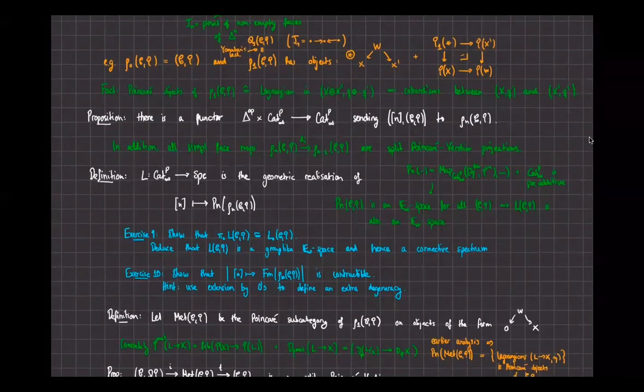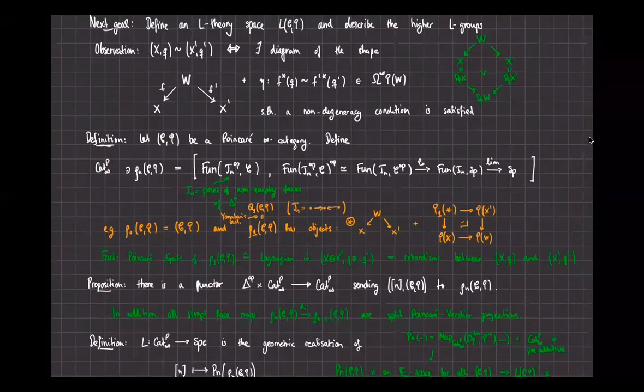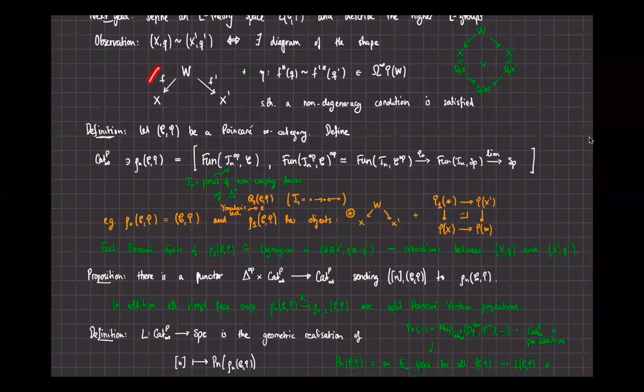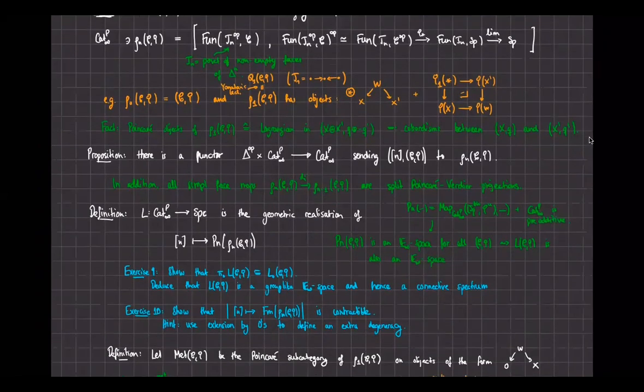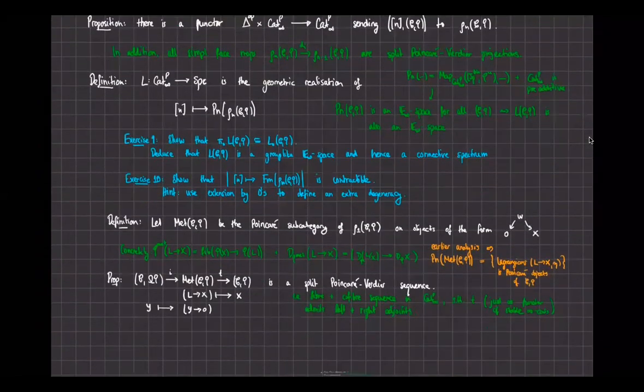So recall that this category Ρ1 we've constructed really had objects, these cospans, W going from X to X prime, and Poincare objects in this category were equivalently given as Lagrangians in the sum of (X, Q) and (X prime, minus Q prime). And now we just want to look at the subcategory of objects where X is 0, and we just restrict the quadratic functor. The Poincare structure is just restricted to the subcategory.